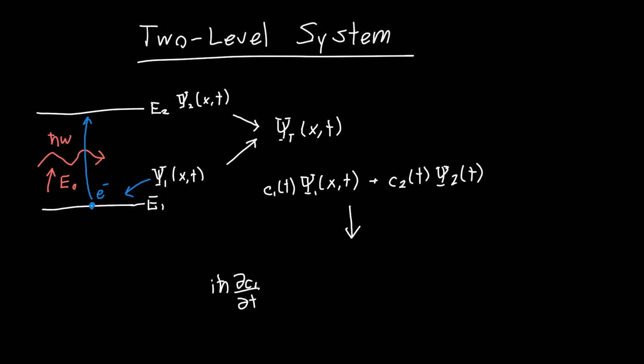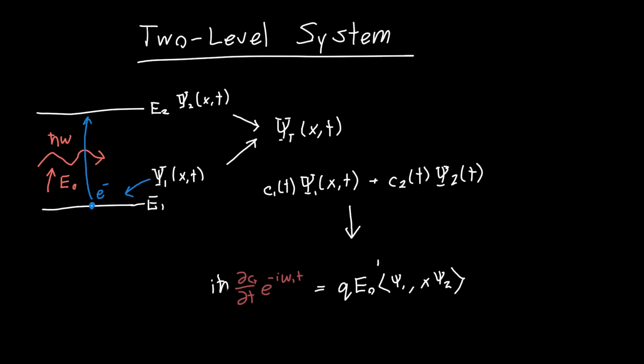one equation in terms of the derivative of C1, so e to the minus i omega 1 t. And this we said was equal to, now I'm going to write everything that's not a function of time in white and everything that is a function of time in red, so that we can clearly see what's going on. So dC1/dt e to the minus i omega 1 t is equal to, and then we said we had q E naught and then our matrix element psi1 x psi2.